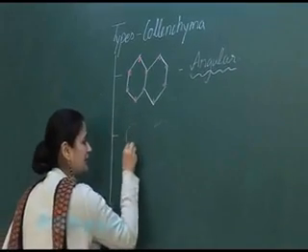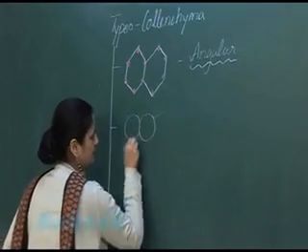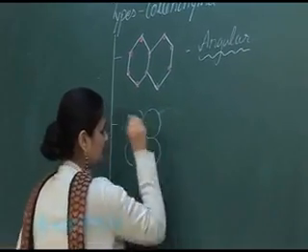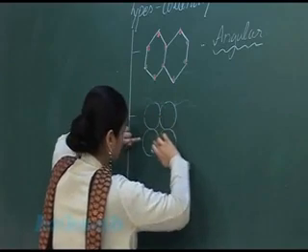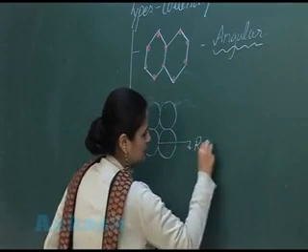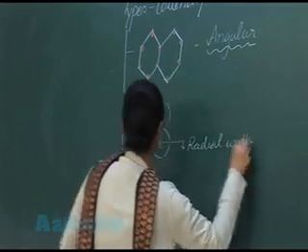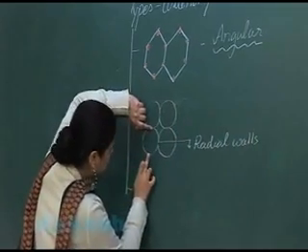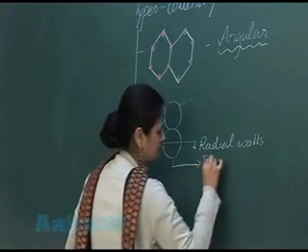Now coming to the second category. In the cell, these walls are known as radial walls, and these walls are known as tangential walls.